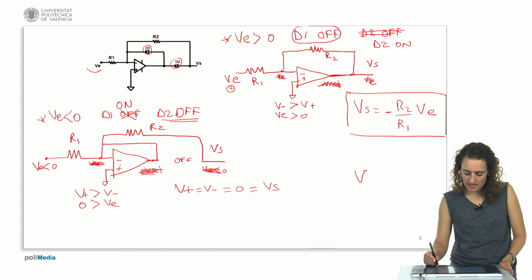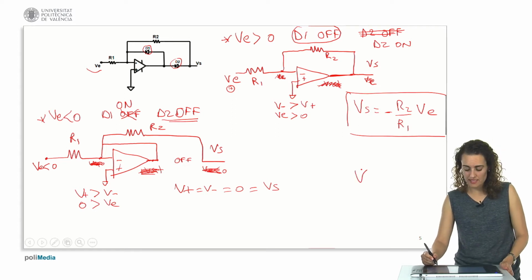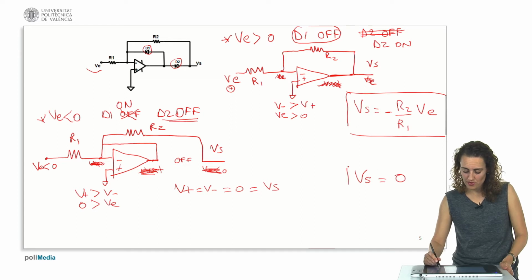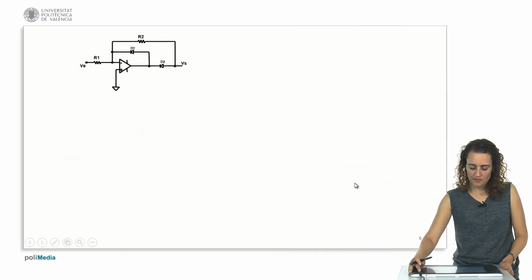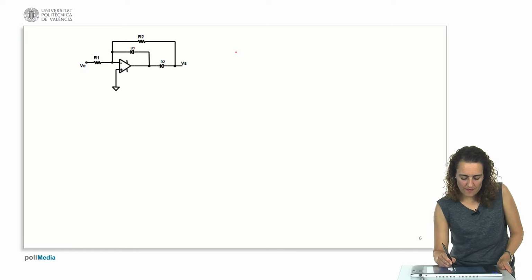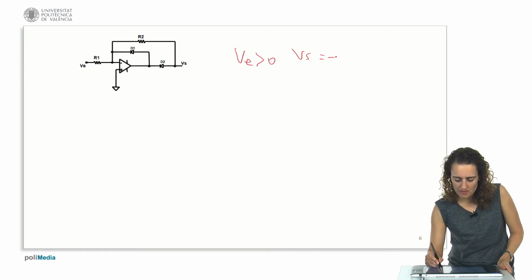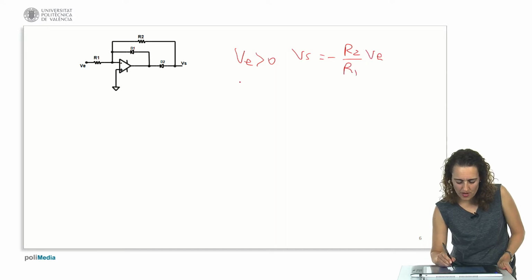So when VE is negative, the output of this circuit is going to be 0. When VE is positive, the output is going to be minus R2 over R1 times the input. And when VE is negative, Vs is going to be 0.